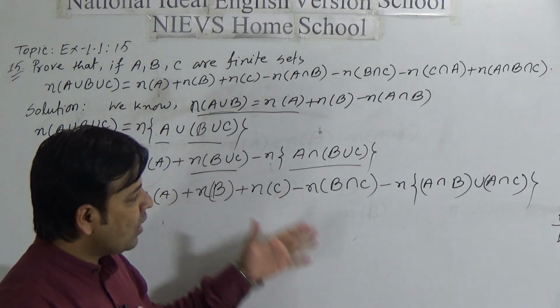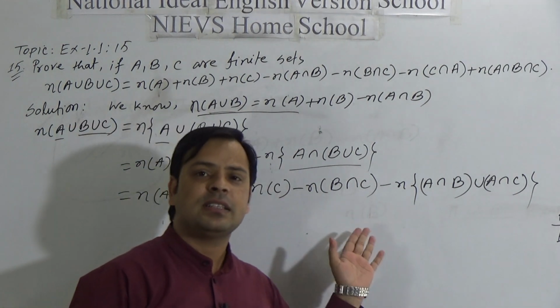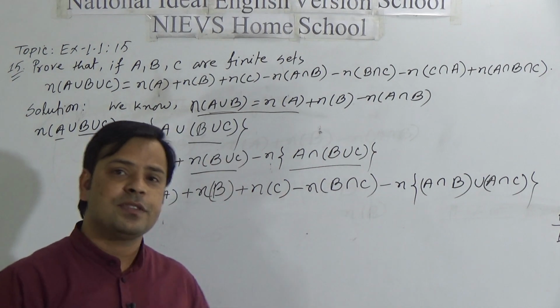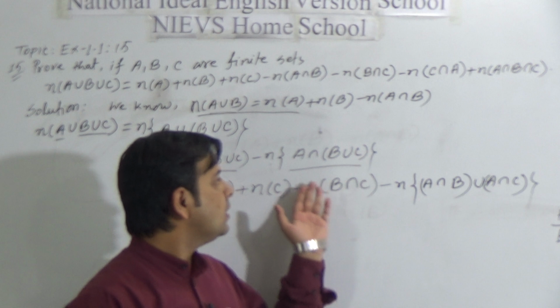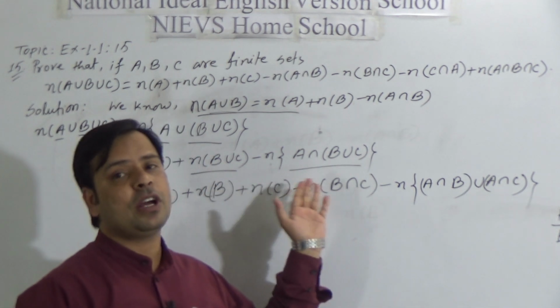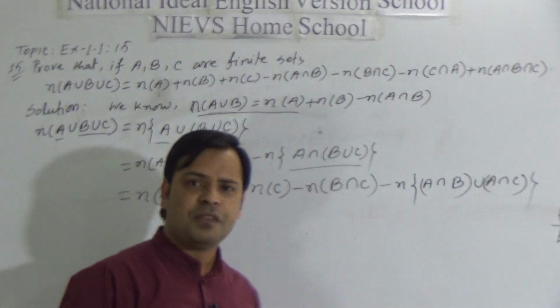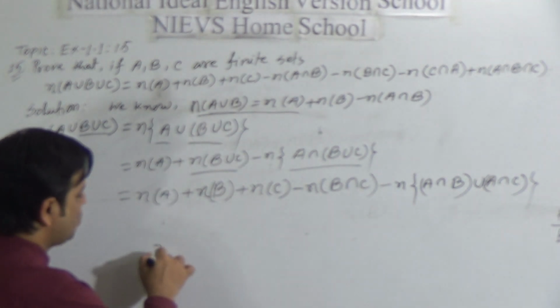Dear students, in our previous class we have learned some laws of set. In that class I have told you the distributive law of sets, two laws I have told.